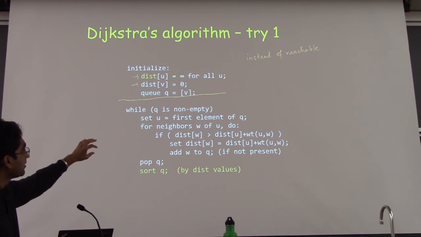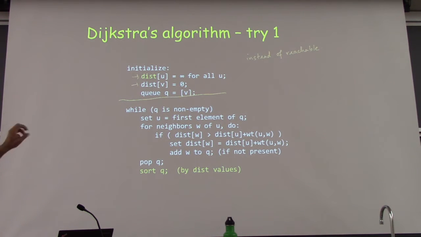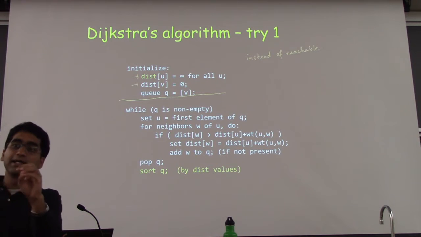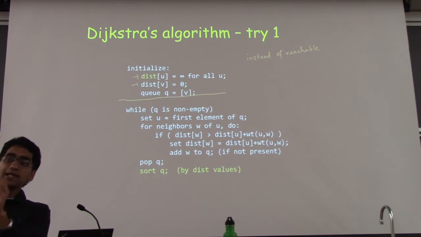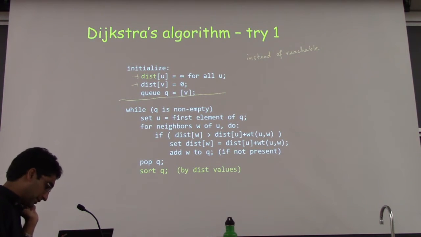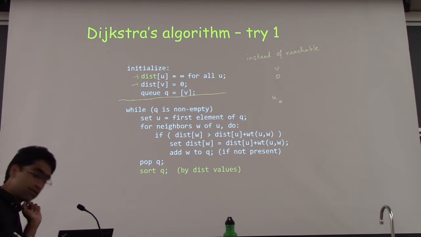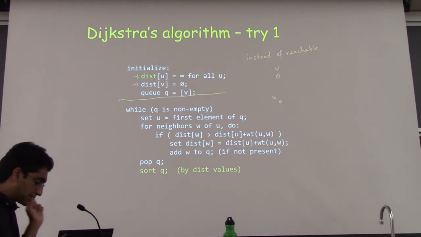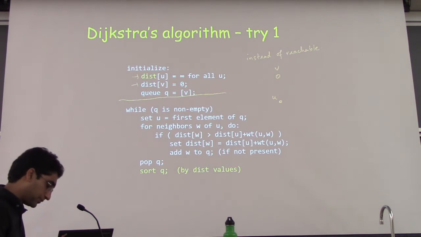For every neighbor, now instead of actually checking if you've already seen that vertex, you now see if going through this vertex u actually gives you a shorter path. So what you're checking is, this is the v, and you have some u out here, which is the vertex that's currently on the top of the queue.